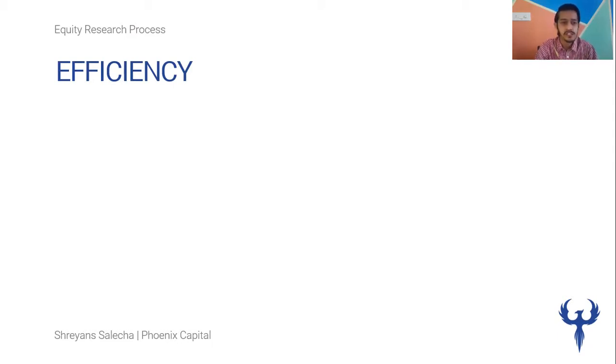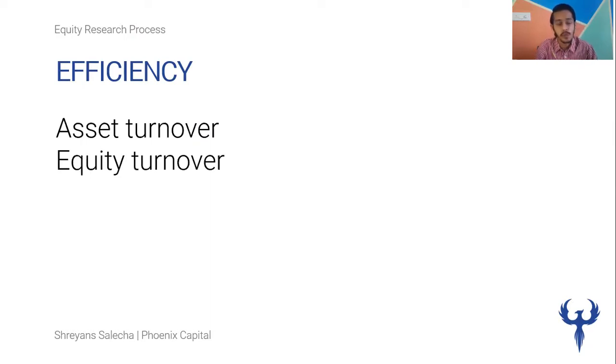So let's first take a look at the first couple of ratios, which are asset turnover and equity turnover. These are measured as revenue versus total assets, or revenue versus equity. So what we are really trying to calculate here is how much revenue is produced from whatever worth of assets or equity we have.